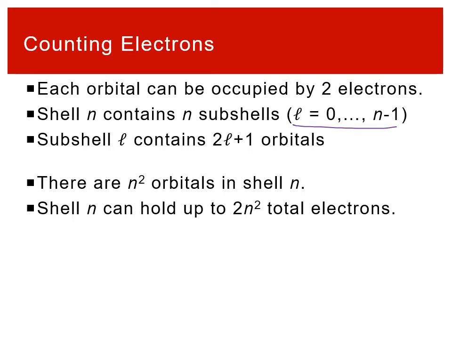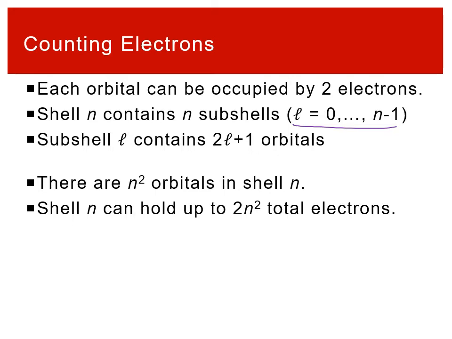Again, that comes from the restrictions on the possible values of M sub L. So you have a certain number of subshells, a certain number of orbitals, and then a certain number of electrons in each orbital. We can see that there are N squared orbitals in shell N, and each orbital can hold 2 electrons. So shell N can hold up to 2N squared electrons.